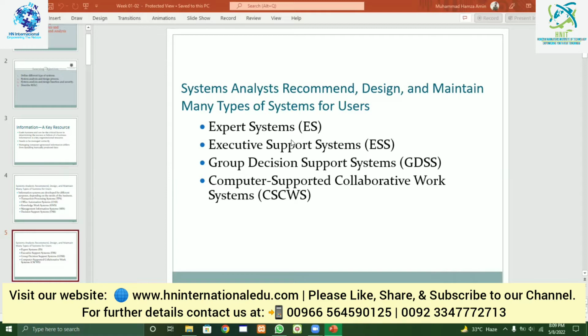Group decision support system basically depends on the DSS. When DSS produces the task and the data result, the group decision support system will be able to give a decision based on the whole group of intellectual people.